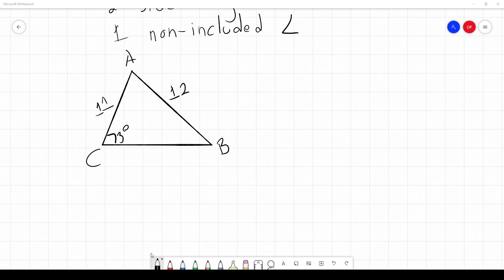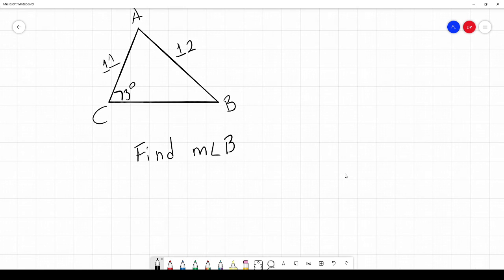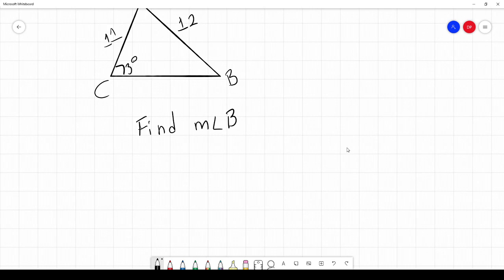And we need to measure angle B. Once we do that, I'll explain how you can find the rest of the triangle if you were asked to solve this triangle, because once we find angle B, it won't be too difficult.